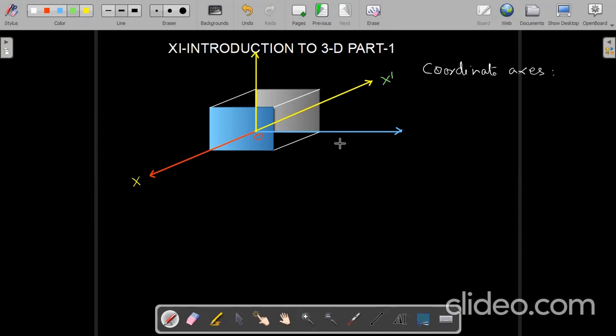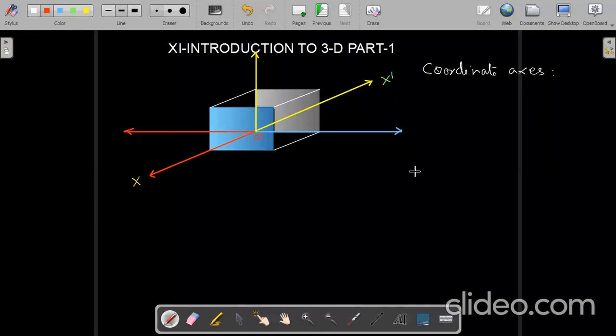Okay. And when you extend this line backside, imagine that you are in a 3D figure, 3D diagram. This is a 3D diagram.